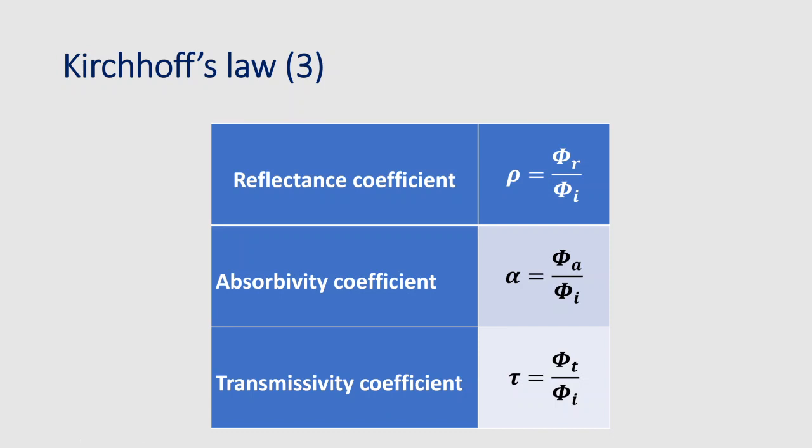So, recapping, rho is the reflectance coefficient, alpha is the absorptivity coefficient, and tau is the transmissivity coefficient. I remind you that we introduced a few minutes ago also the fourth important coefficient we need in remote sensing, epsilon, the emission coefficient, that is the ratio between the emittance of a gray body and the emittance of the black body, these two bodies being at the same temperature.